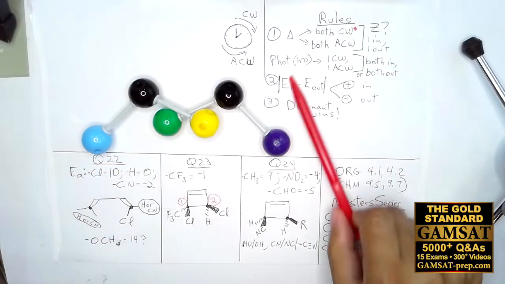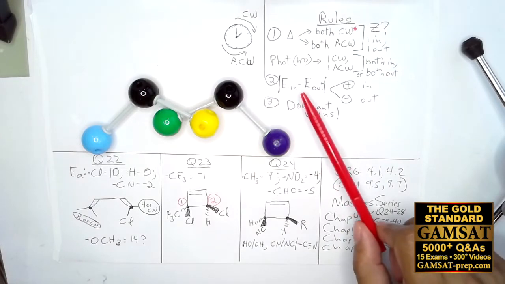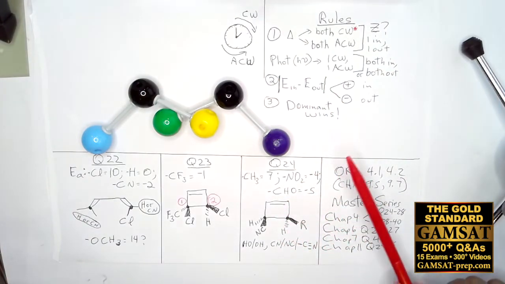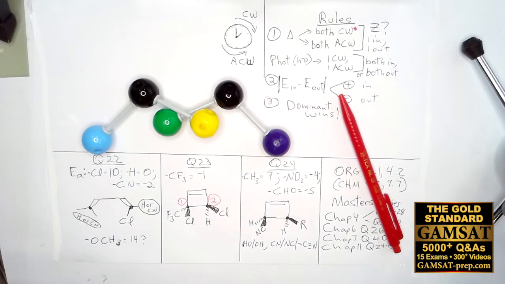Now for rule number 2. I got a little bit excited and I put the absolute value symbol here, which is discussed in GAMSAT Maths Chapter 1. But I do need to explain that there's two different ideas that I want to present to you.